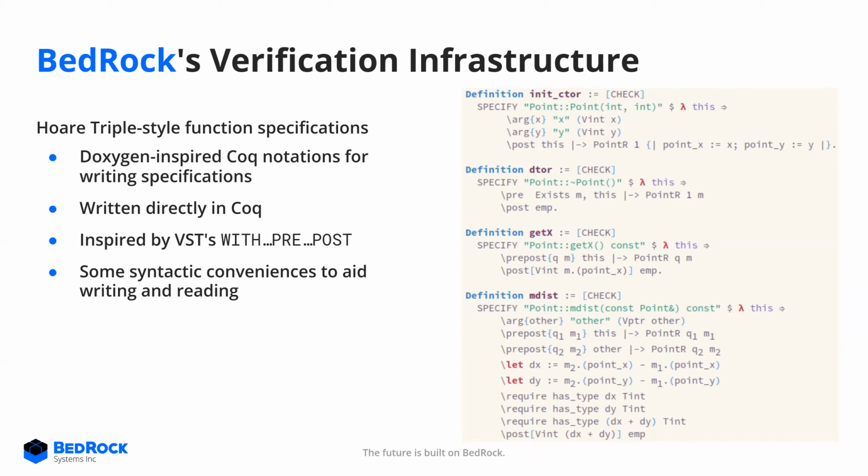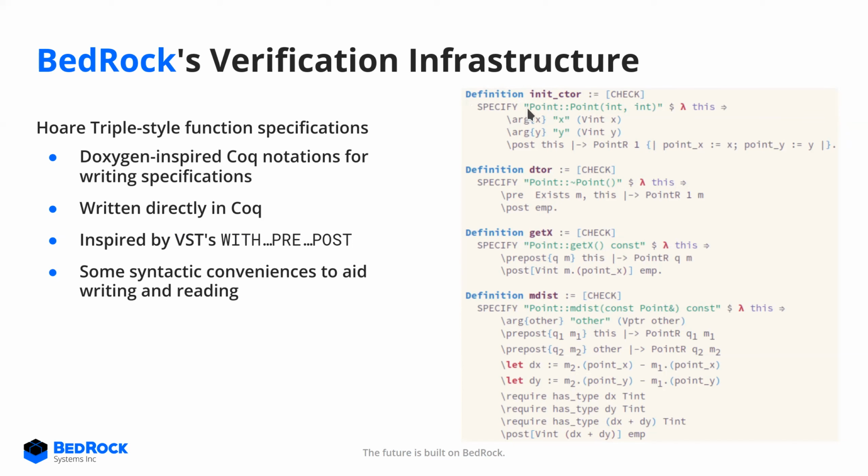But we found that writing things in C++ files, then generating Coq and running the type checker on those, was a pretty bad experience at the level of tooling we had at the time. So we do write specs directly in Coq right now.